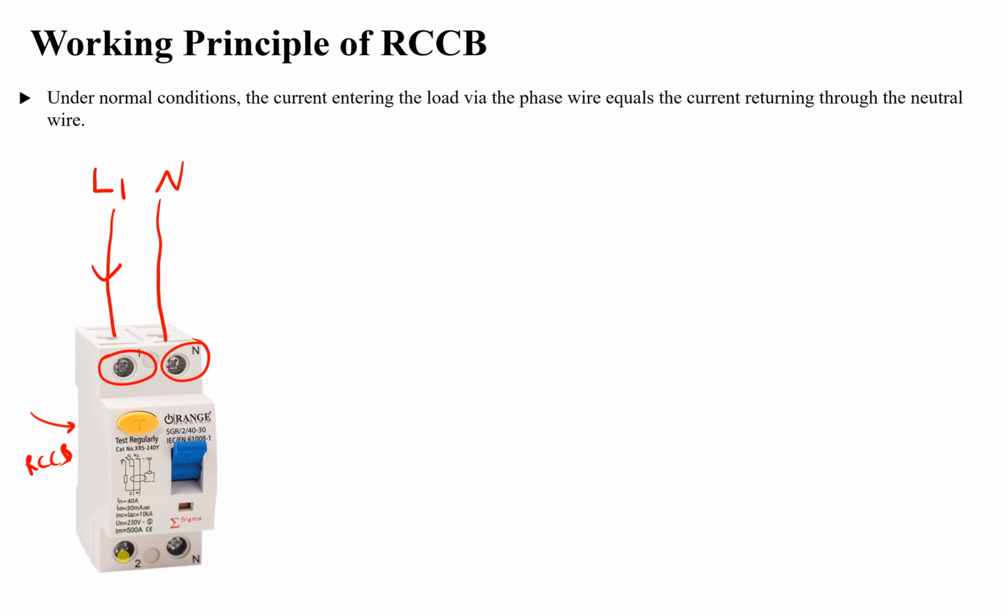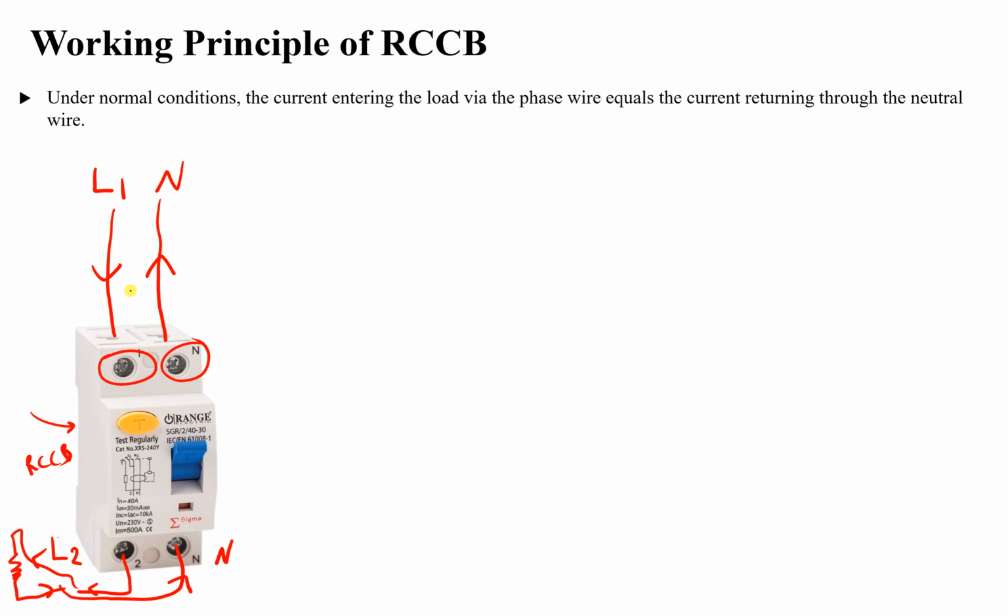And then we have number two, which is a line going to the load. And we have the neutral coming back from the load like this. So the current enters and goes to the load, let's say for example a resistance like this, and then comes back through the neutral.